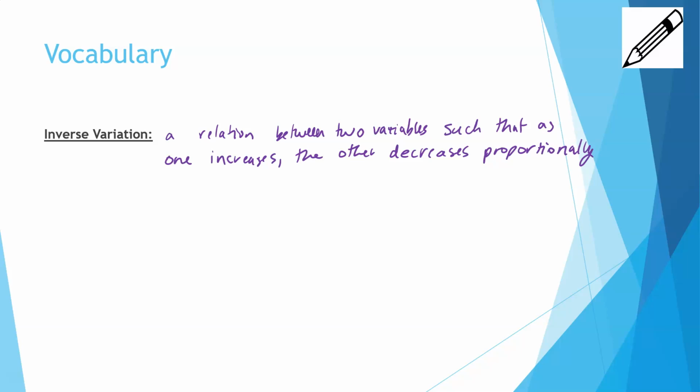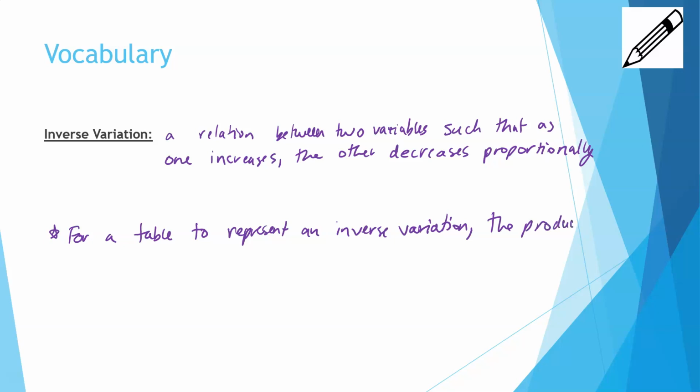But they can't just have one going up and one going down. The key is that for a table to represent inverse variation, the product of x and y must be constant.